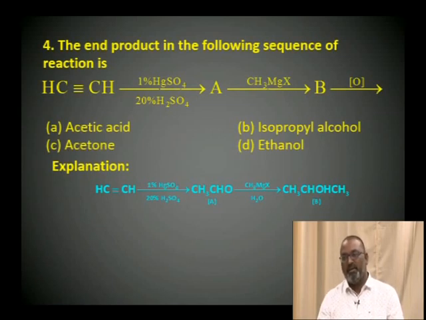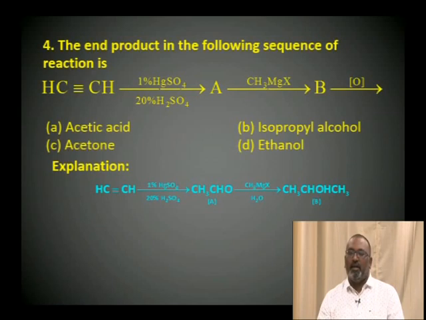You can see that in the options A, B, C, D, only B and D are having alcohols as the answers, that is isopropyl alcohol and ethanol. In this, isopropyl alcohol is a secondary alcohol and ethanol is a primary alcohol.